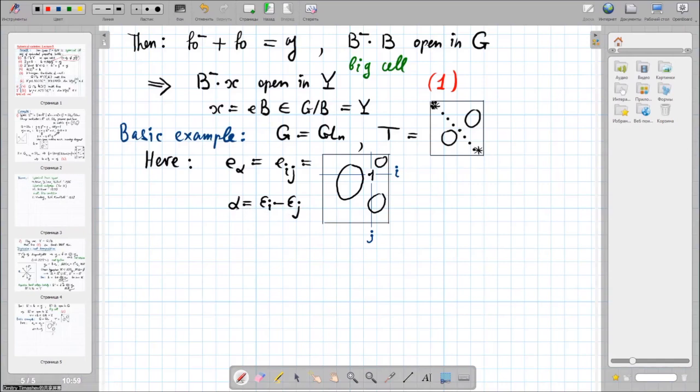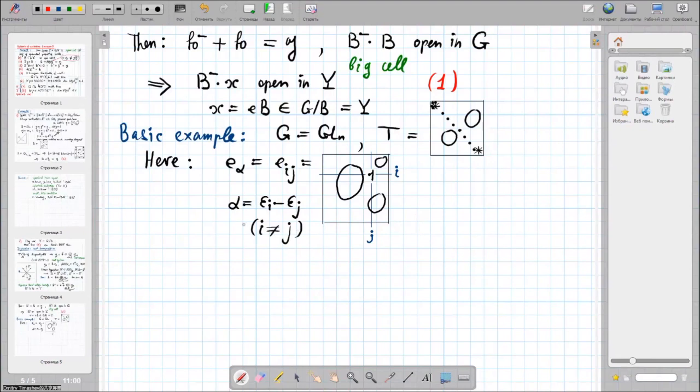So these are the weights, the eigenweights for these matrices, and the root set is the set of all such characters, epsilon i minus epsilon j, with i different from j.